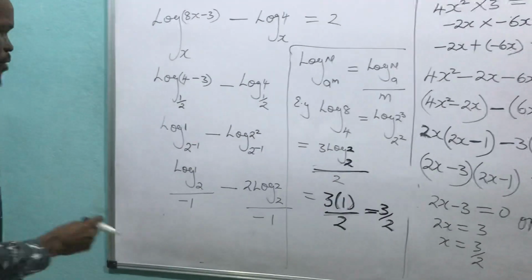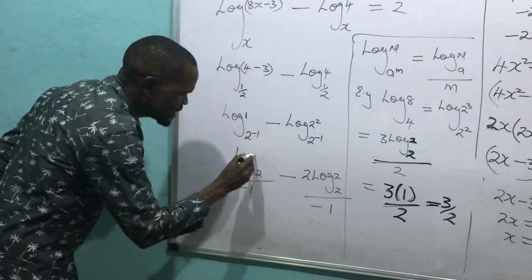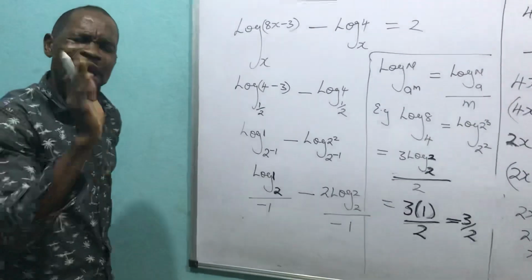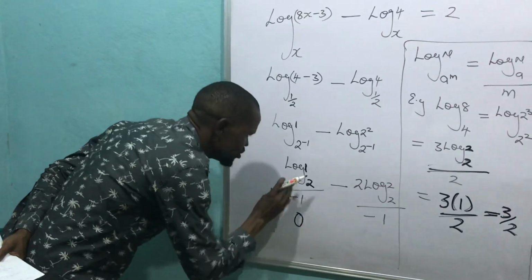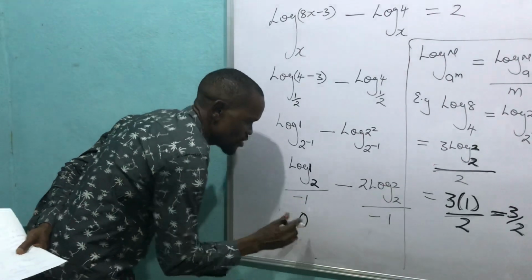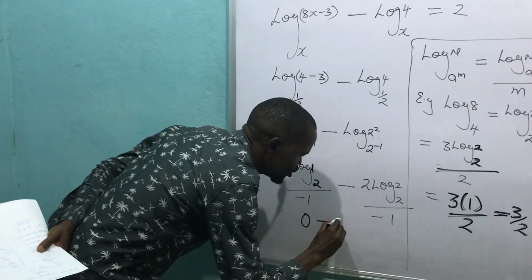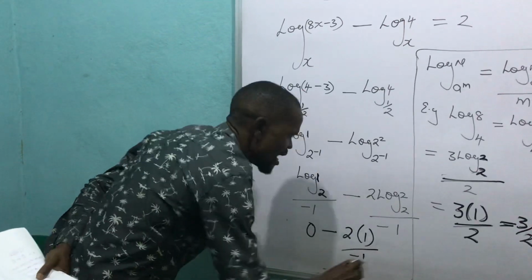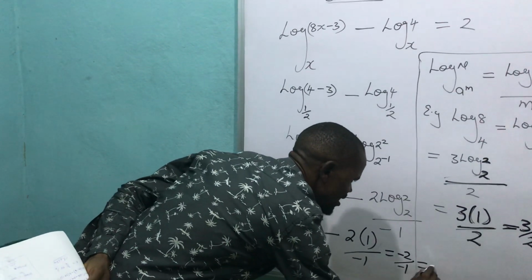Then going back to this, what we are doing, log 1 base 2, you remember, log 1 to any base is 0. That means what I have here is 0. 0 divided by minus 1 is 0. Here now, log 2 base 2 will give me 1, which will give me 2 into 1 divided by minus 1, and that will give me minus 2 divided by minus 1, and the answer is 2.